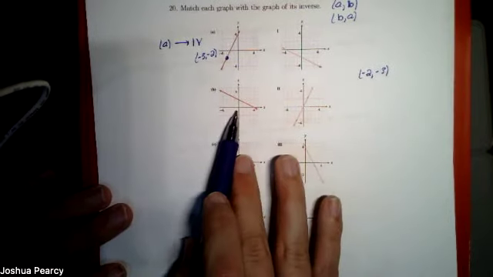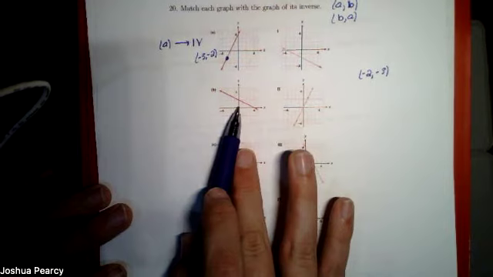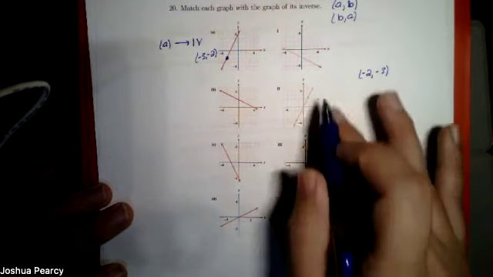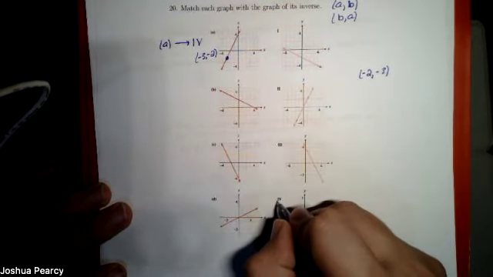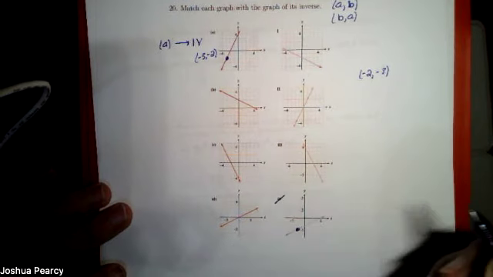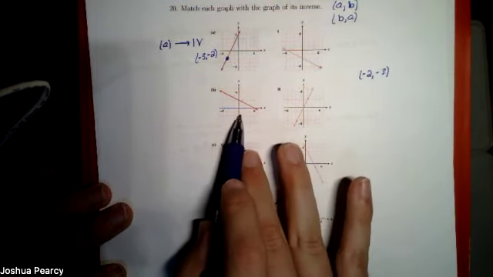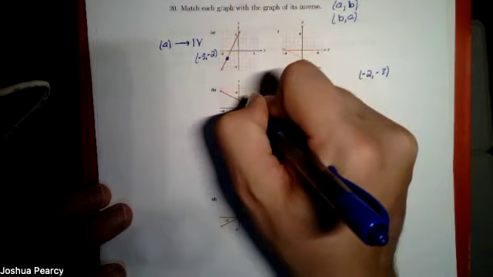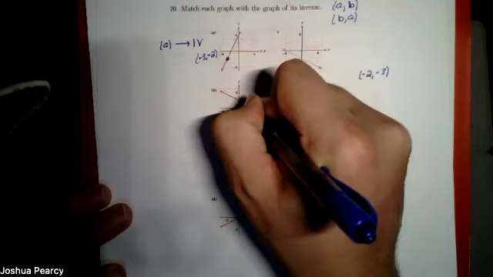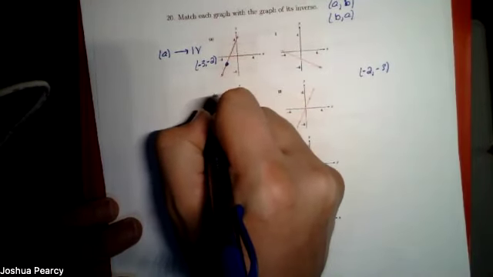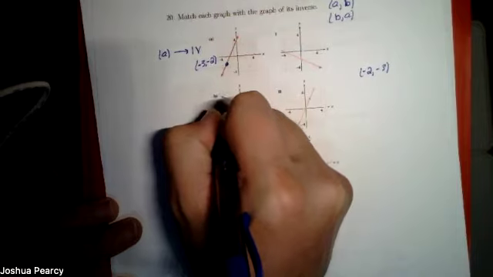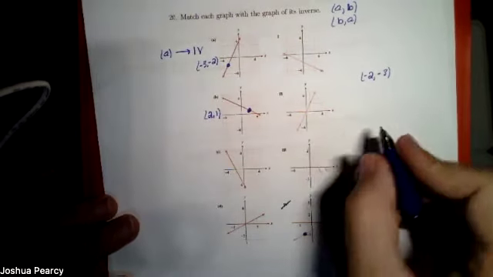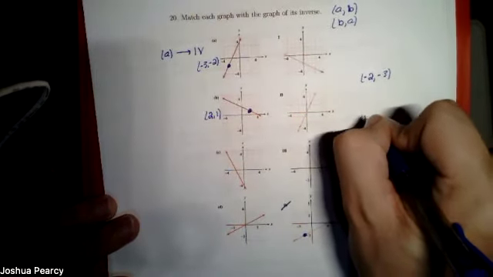So let's go to this next one here. I'm going to do the same thing, pick an ordered pair on here, see which one has it on the inverses. So here, I've already used 4, so we're not going to use that again. So let's look here. This one has an ordered pair of (2, 1) on the original graph. So my inverse function is going to have an ordered pair of (1, 2), right?